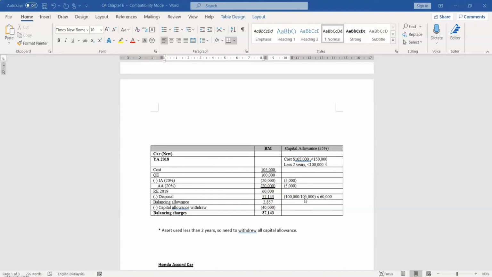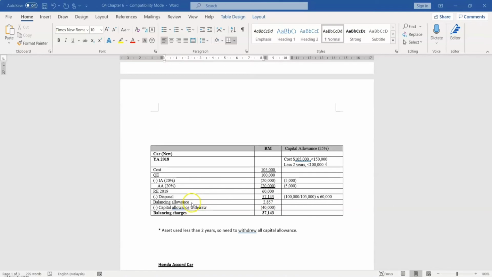But because we restrict the car to 100,000, the disposal price needs to use this formula, and then we will get the balancing allowance, because the disposal price is less than the RE, so we get the balancing allowance, not balancing charge.